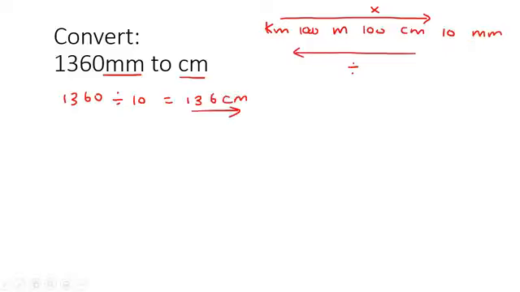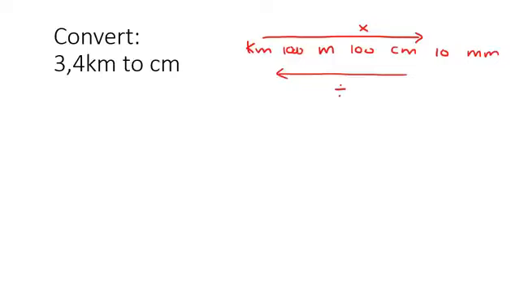Let's do another one. Now we are going to convert from kilometers all the way to centimeters. So we're going in this direction, so we're going to multiply. What's interesting is we're now going kilometers to meters and then to centimeters.